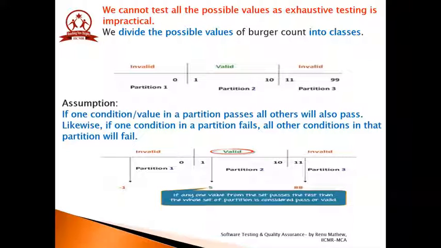If 5 passes the test, then the whole set of partition, that is 1 to 10, is considered valid. In the same way, from partition 1, let's take -1 as the input value. If -1 fails the test, the whole set will fail or will be invalid. Similarly, if 88 from the third partition fails, then the whole set will fail.